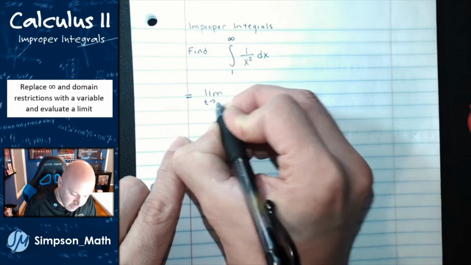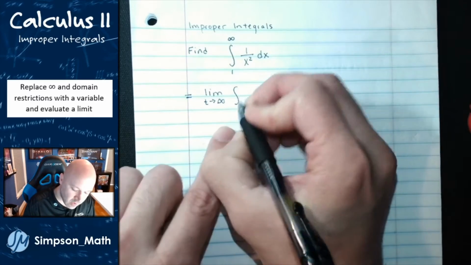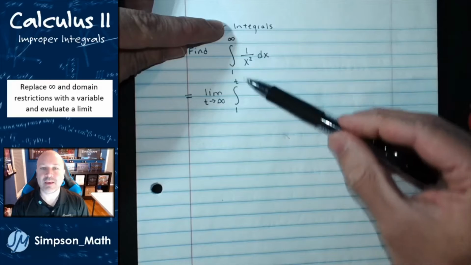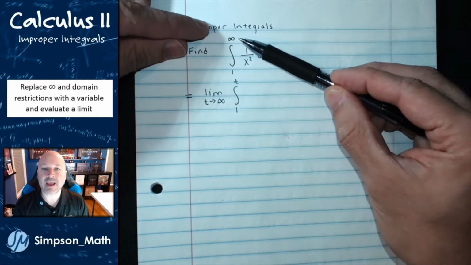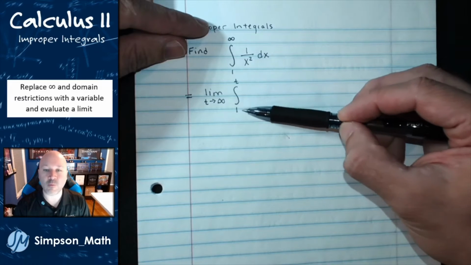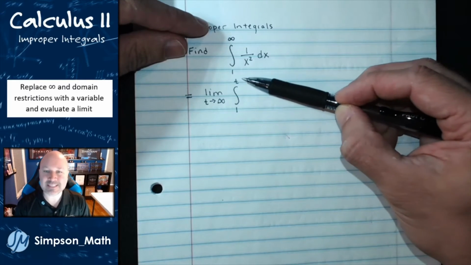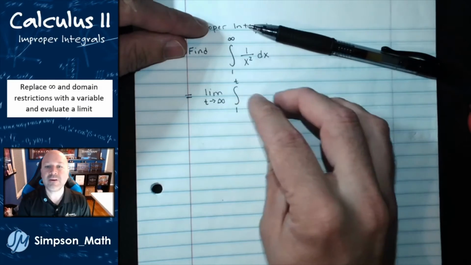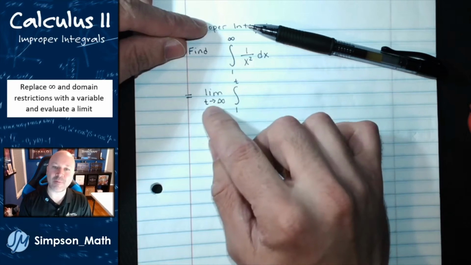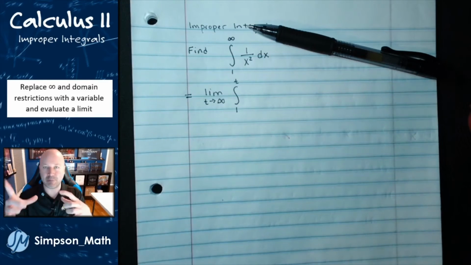So the limit as t approaches infinity of my integral from 1 to t. My claim here is infinity, I cannot treat it like a number. So if I'm going to integrate from 1 to infinity, I really need to talk about that as 1 to t, figure out the integral with a t variable, and then later I can worry about that limiting process. I can let t be bigger and bigger and bigger.